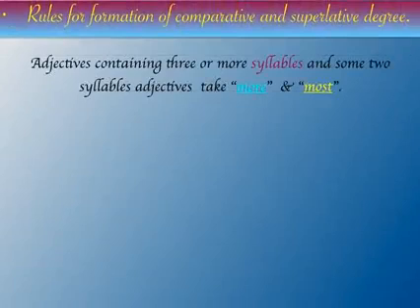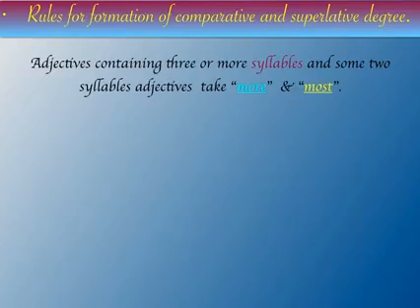So let's see the last rule for the formation of comparative and superlative degree. Adjectives containing 3 or more syllables and some 2 syllables adjectives take more and most. That means there are some words which have 3 or more syllables. For example, beautiful. Here there are 3 syllables, beauty and full.